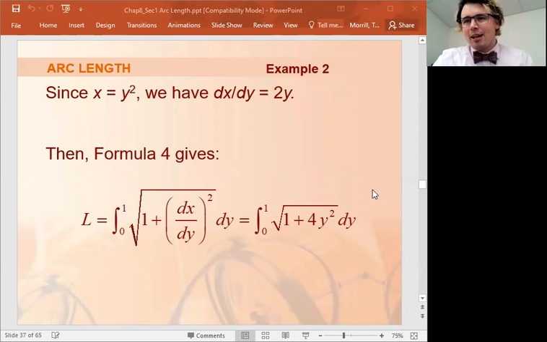Well, isn't that something? Let's go ahead and use the formula. dx on dy is 2y for this problem. So this must be the integral from 0 to 1 of the square root of the quantity 1 plus 4y squared. Remember, I have to square that derivative. All dy.